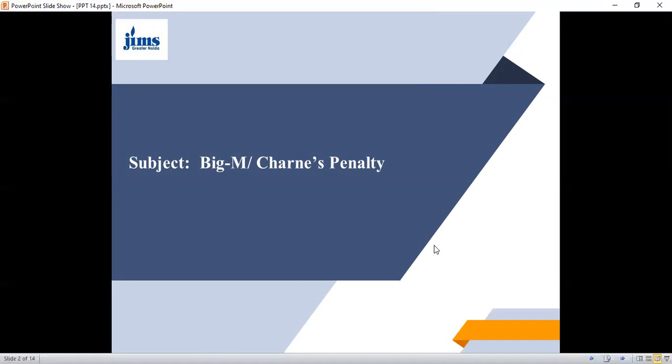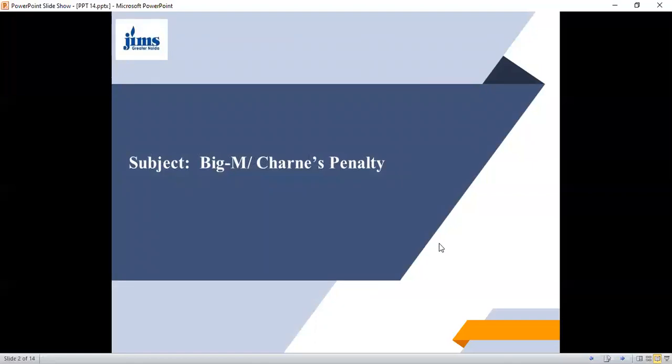So two methods are generally in use for solving such problems. One is the big M method, also known as Charnes' penalty method, and another is the two-phase method. But as per our syllabus, we have to study the big M method only.